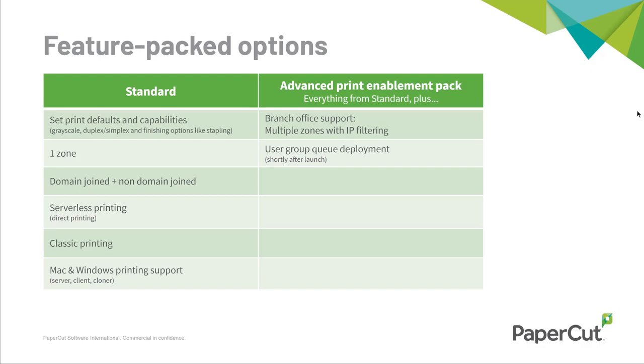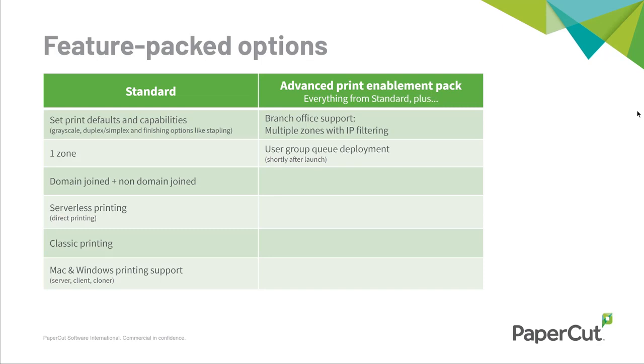Yeah, so looking at the standard option, and this is an option that comes with PaperCut MF at no additional cost, but it is powerful. So you get to set your defaults like grayscale, duplex. You get to set your capabilities like finishing options, stapling, hole punching. With this option, you get one zone.